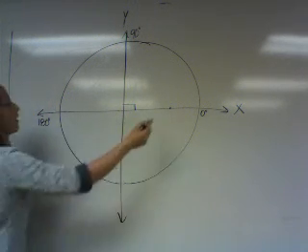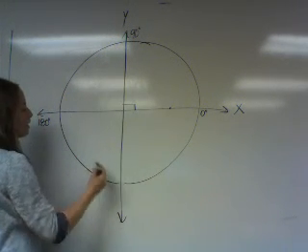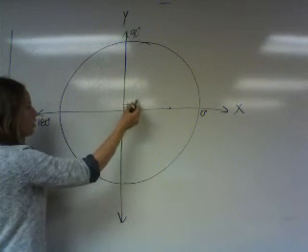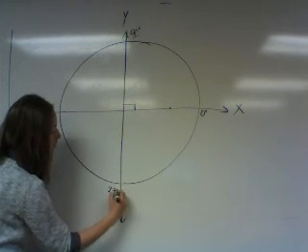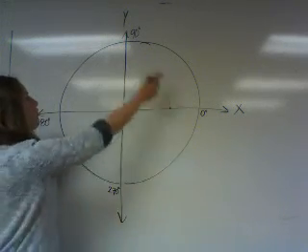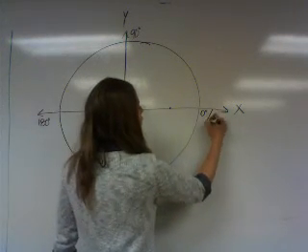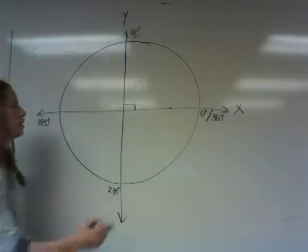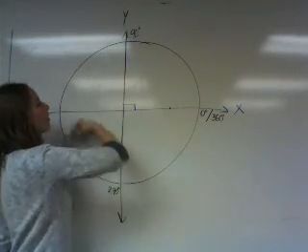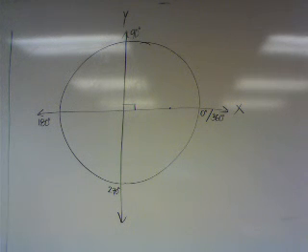And then if I go from here all the way to this line, this opening is 270 degrees. And if I do a full circle, we know that's 360. So this is also the 360 point. It's the 0-degree point if I start here, if I go all the way around, 360 degrees.